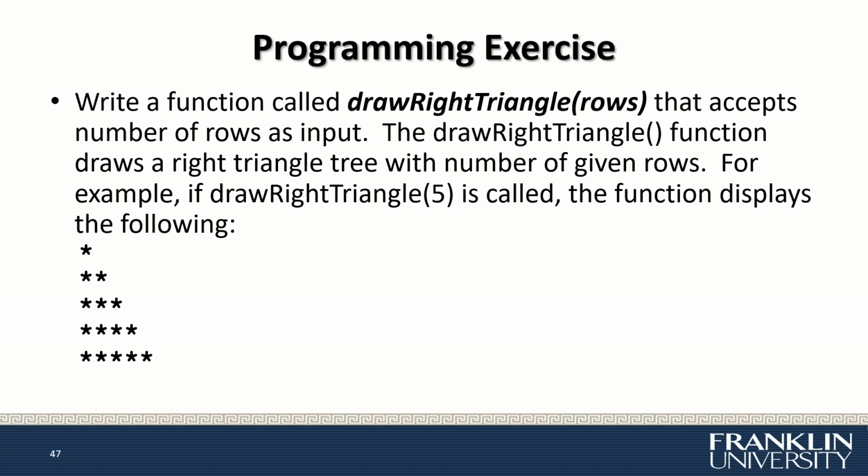So for example, if draw_right_triangle(5) is called, the function displays a triangle that looks like this: 1, 2, 3, 4, 5 asterisks. The number of asterisks in each row is the same as the row number. So this is 1, 2, 3, 4, 5. Row number 1 has 1 asterisk, row number 2 has 2 asterisks, row number 3 has 3 asterisks, and so forth.